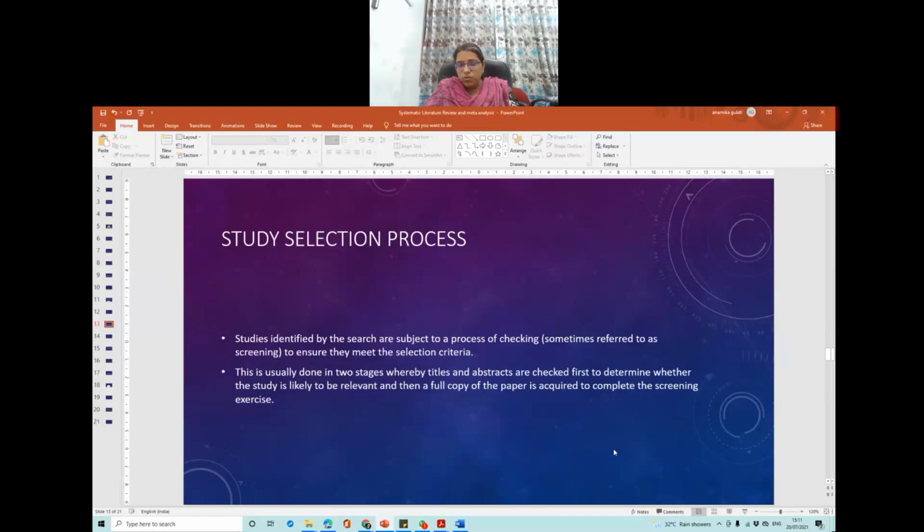Reviewer one and reviewer two will do the primary screening. And if there are any conflicts, where reviewer one says this paper should be included and reviewer two says it should be excluded, then a third person, who is an independent reviewer or independent QA person, will check and finally give the decision on whether the study should be included or excluded. This happens at both stages, primary screening and secondary screening. That's why I told you in the beginning that there is always teamwork in systematic reviews and it cannot be done in silos.